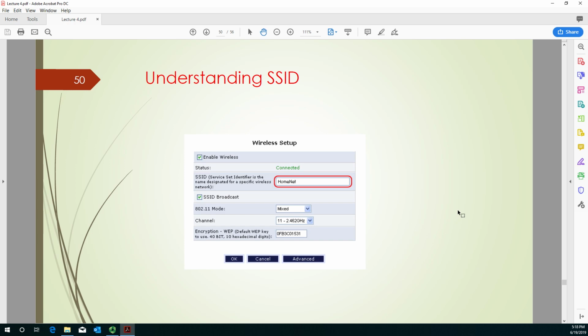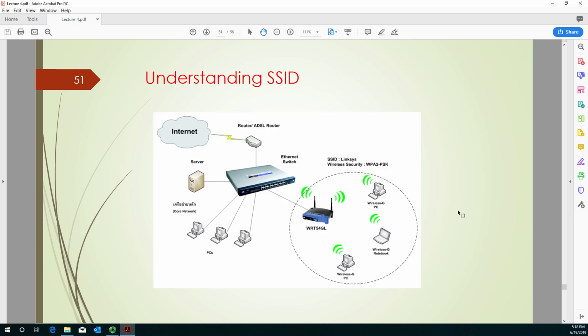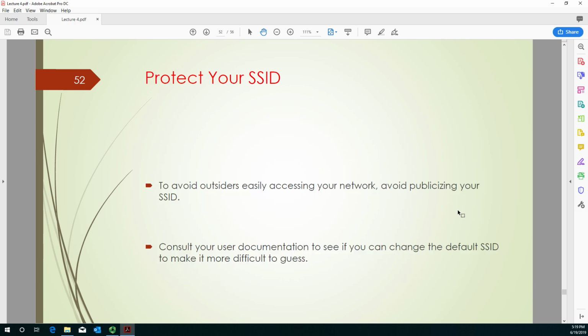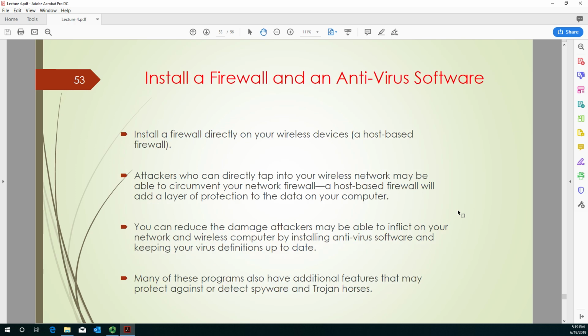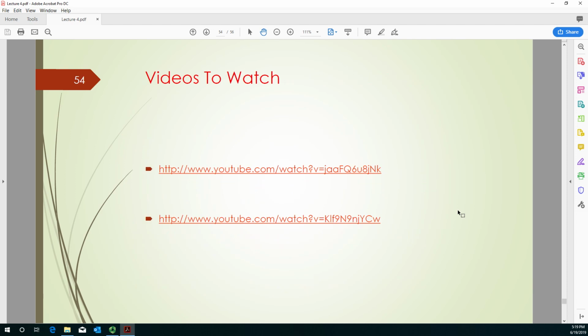So here's an example of SSID, and here the SSID is known. So I'm going to skip this. Protecting the SSID, avoiding publicizing your SSID, is important. So I want to skip this since we've spoken about firewalls many times.